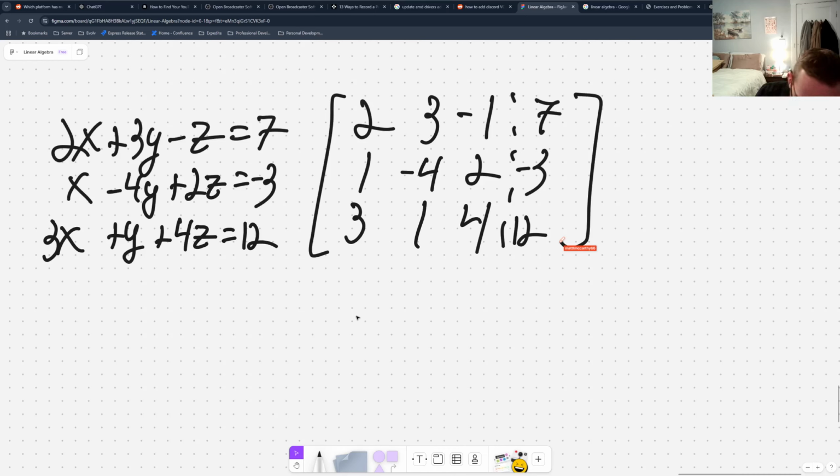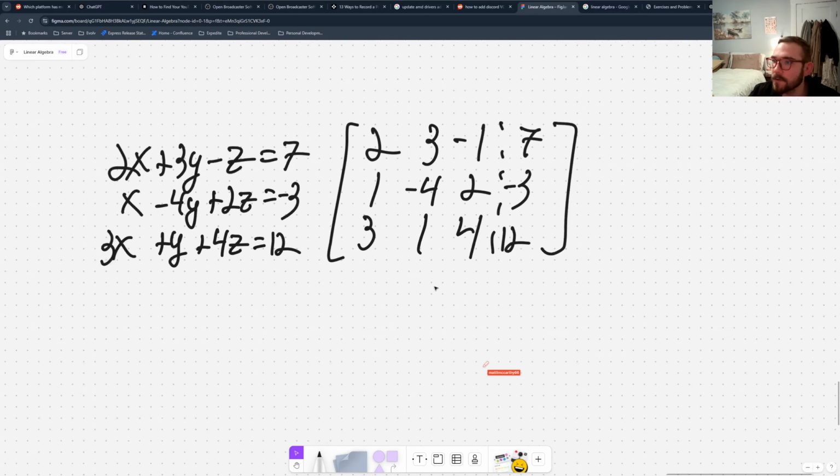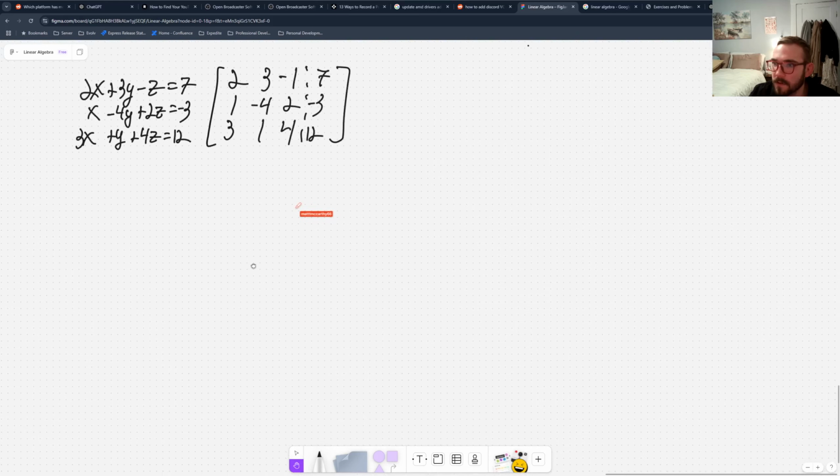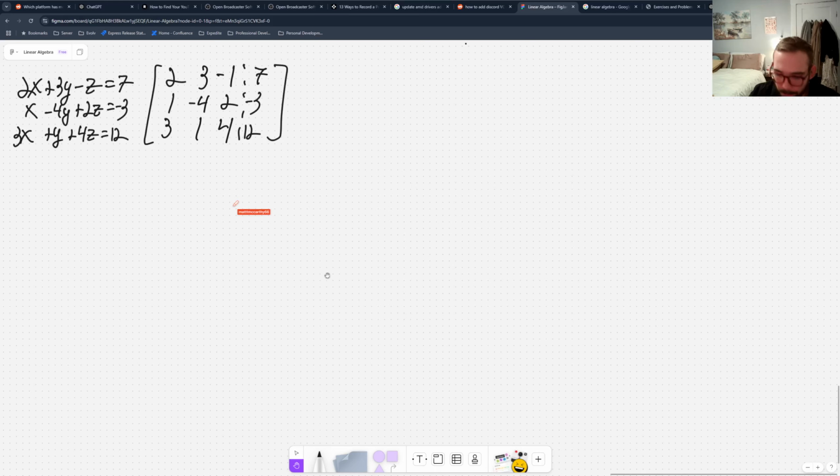I'll give you a hint that probably the best thing to do here is first to switch rows. Which row do you think we would want to put first? I'd say row 2 should probably switch with row 1, right?